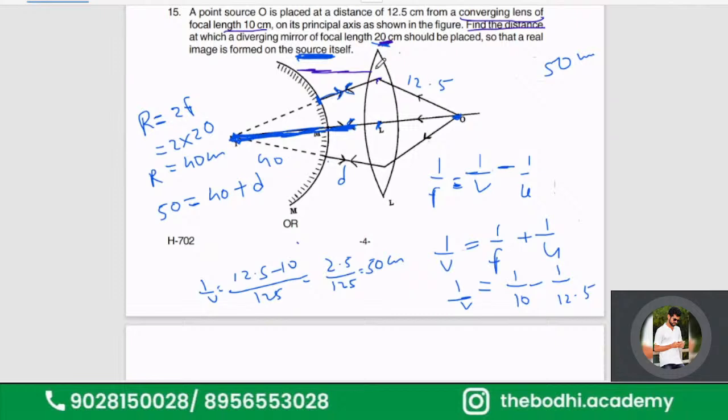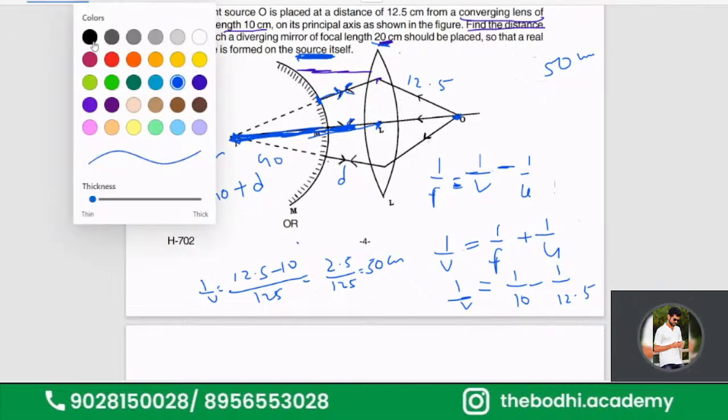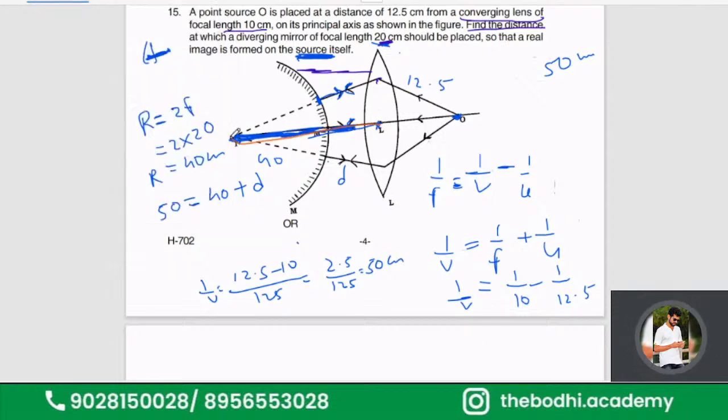Now we count the image length from here. I'll use a different color, maybe red. From here to here is the image length, which is nothing but 40 plus this D, the difference between the lens and the mirror. So 40 plus D is equal to 50. That means D is equal to 10. The distance separated is 10, right?